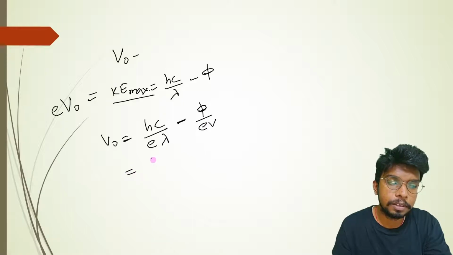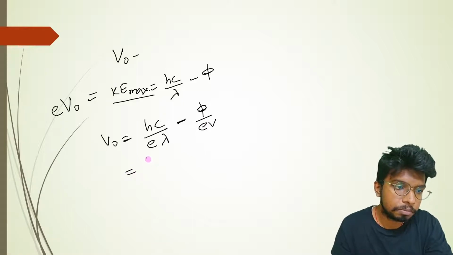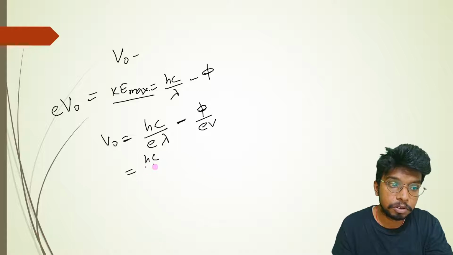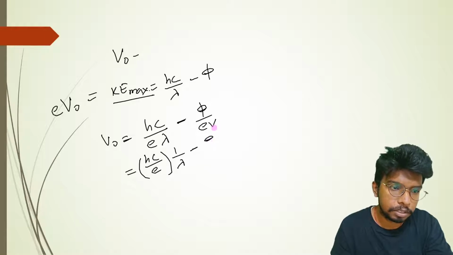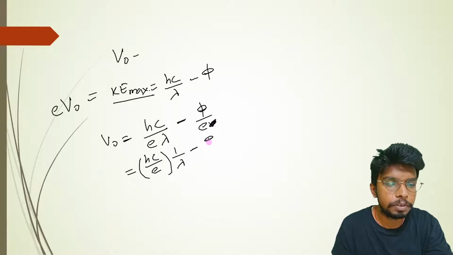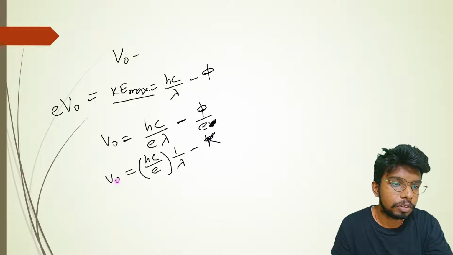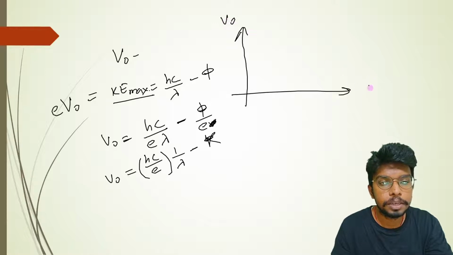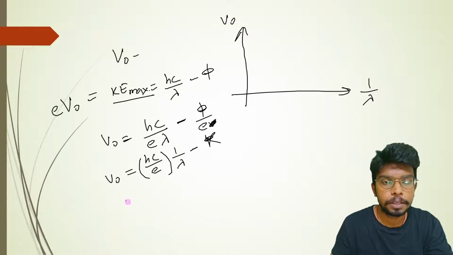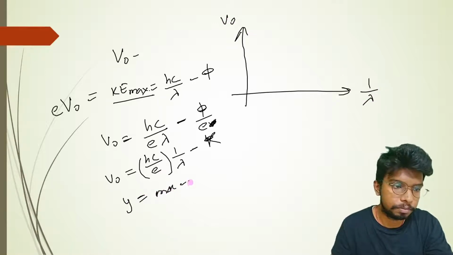I can write this as hc by e, which is a constant, into 1 by lambda, which I can treat as x, minus a constant. Again, it should not be eV, it will be just e. Again a constant, some k. So V0 versus 1 over lambda is compared with y equals mx minus c.